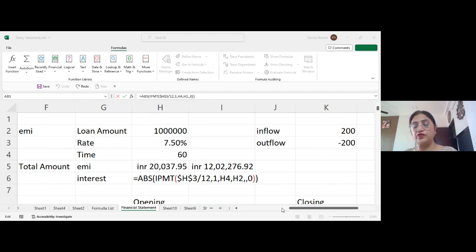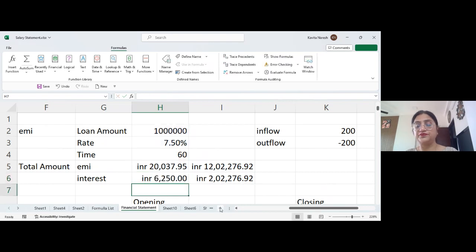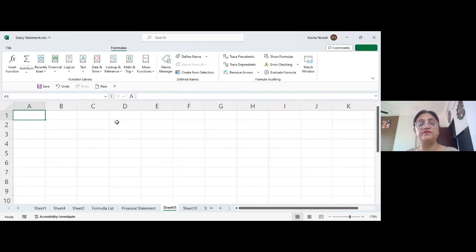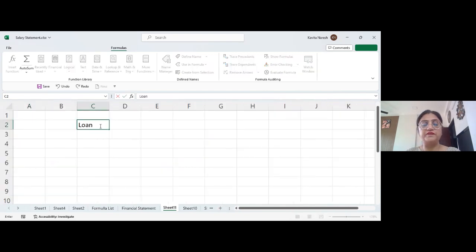Okay. So we are doing the practical for that. Now I am inserting a new sheet. Okay, and then I am creating again the loan amortization chart, but with parameter 1.